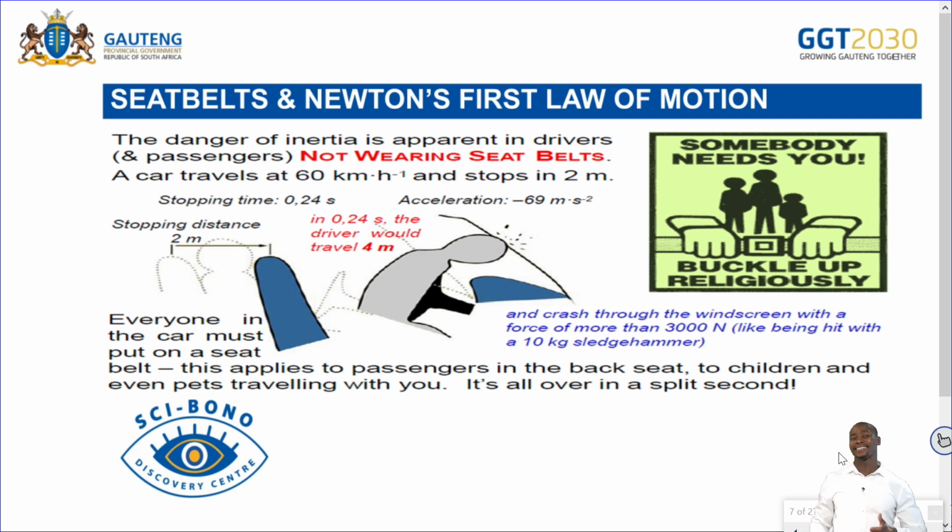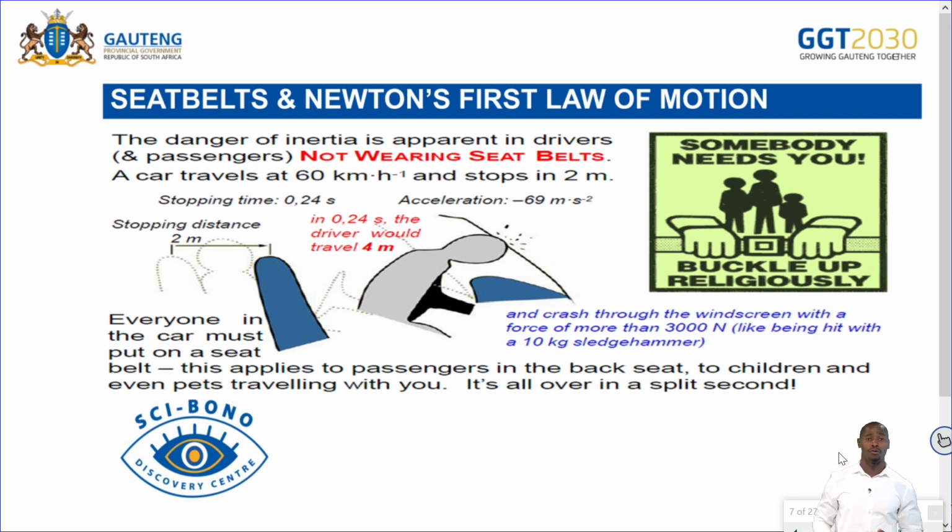So if a car suddenly stops, remember, if a car is moving at 100 kilometers per hour, you're also moving at a speed of 100 kilometers per hour. The driver himself or herself is moving at that speed, and you want to continue moving at that speed. Even the car wants to continue moving at that speed, because of the inertia.